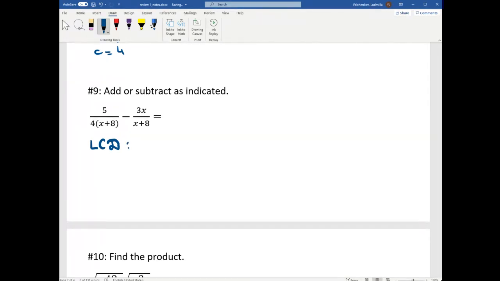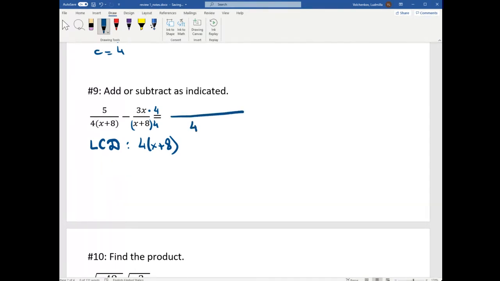Here we have 4 and x plus 8. x plus 8 is present in the first fraction, and not in the second fraction, so we can multiply the second fraction by 4, and then they both will have the same denominator.